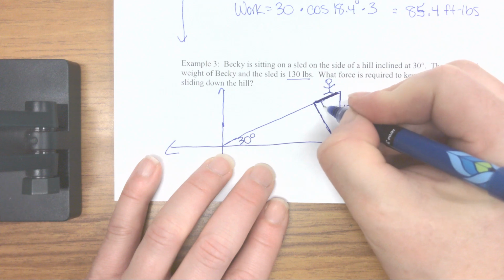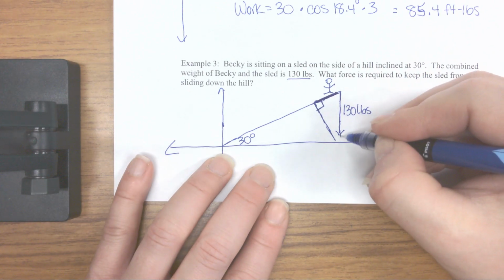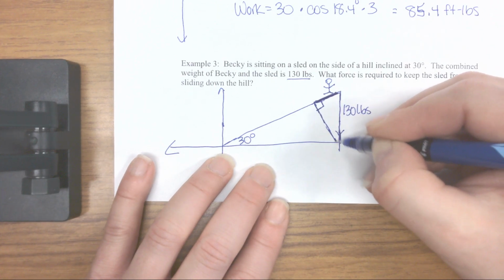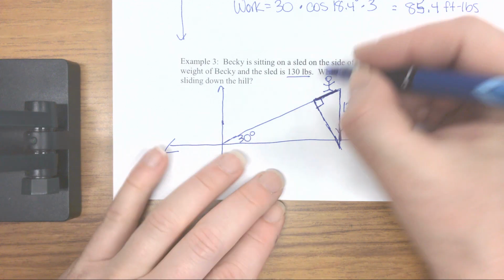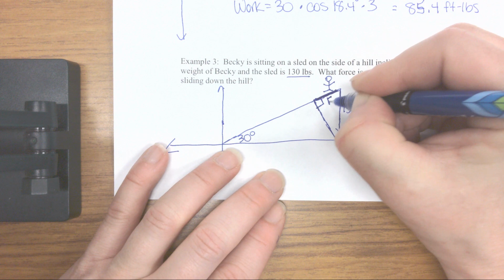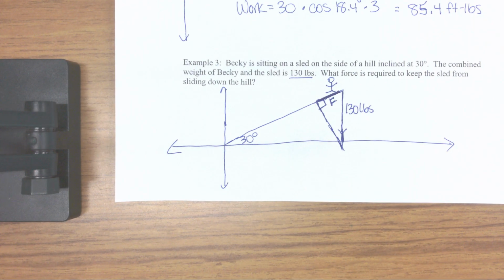So make that a right angle right there. And if you need to, you might have to extend the force down. Okay, this is how you set up all of these problems. We are trying to figure out this force right here, the force on an angle that's holding Becky up and not letting her slide down the hill.